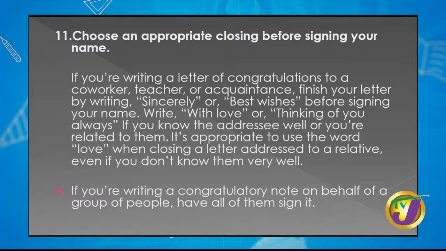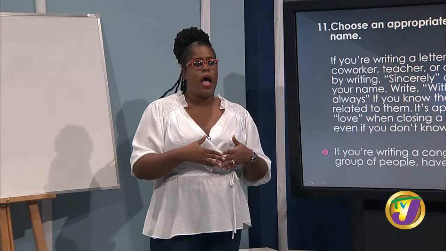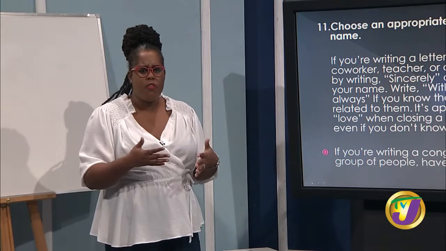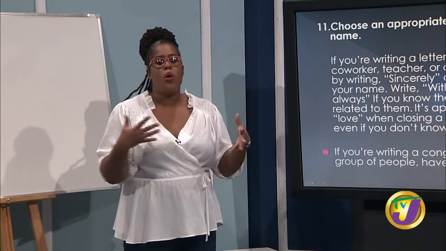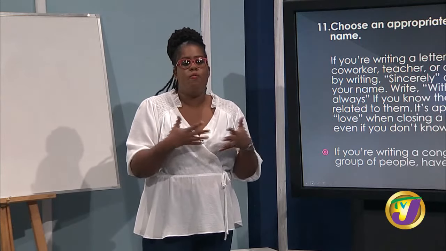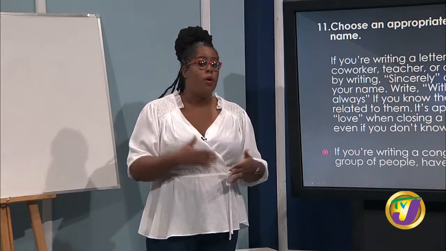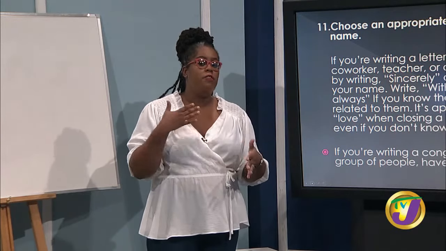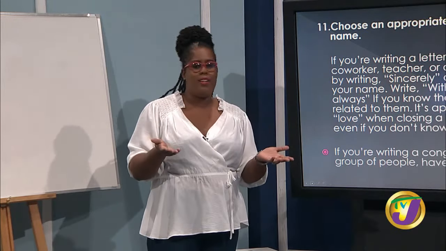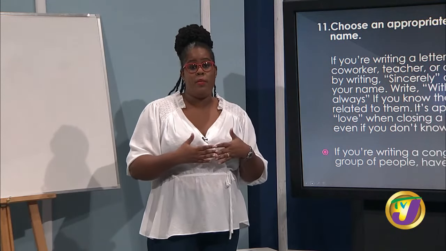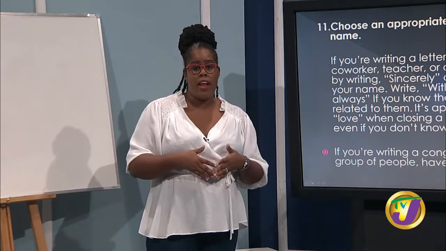When it is informal, you may use words like love, best wishes, with love, or thinking of you, because you know the person, you're connected to the person, so you feel comfortable closing off your letter in this manner. But if it is formal, you can't do that. Say, for example, you're congratulating your boss, the CEO of the organization.